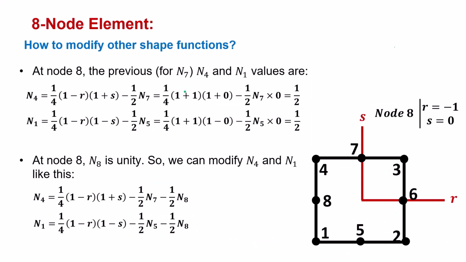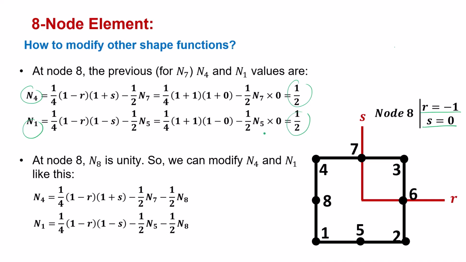Now let's see how node 8 affects the other shape functions. At node 8 position, which is r equal to -1 and s equal to 0, if we check the old formulas, both n1 and n4 take the value of 1/2 instead of 0. That means node 8 would still be influenced by nodes 1 and 4, which violates the rule.